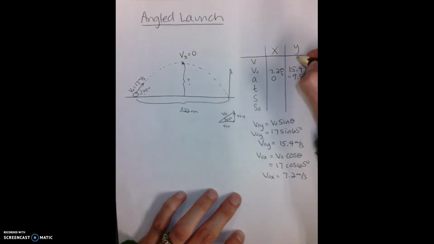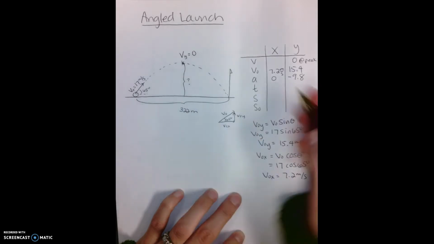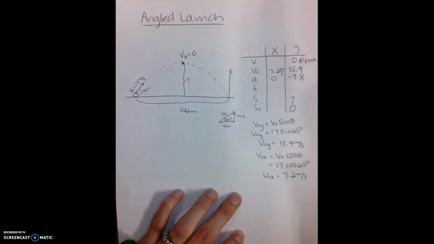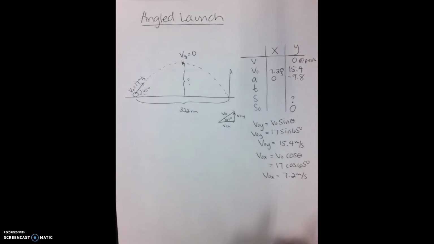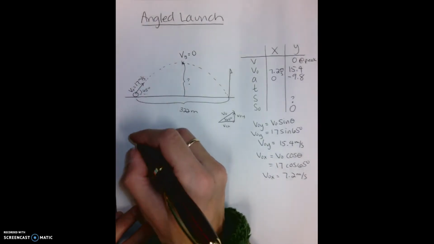And if I claim that the ground here is 0, then I can find out how high it went, and also the time it took to get to the peak. So let's start there.